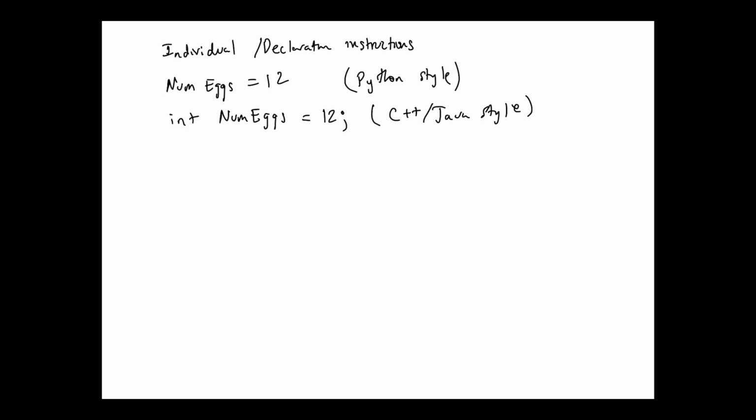But it definitely doesn't make sense to talk about 3.2 eggs. That's just nonsense. So eggs come in whole numbers, which the fancy way of saying that is that they come as integers.